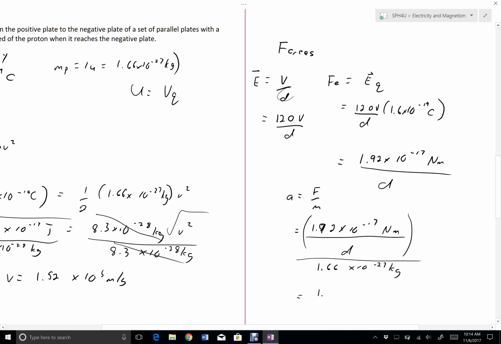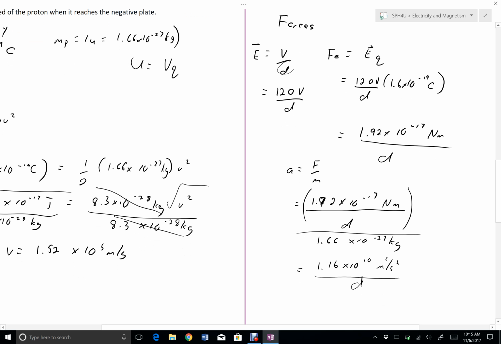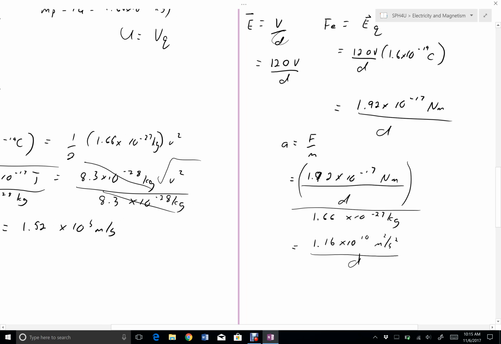So I have an acceleration of 1.16 times 10 to the 10 meters per second squared divided by D, and actually that divided by D means that meters would actually be meters squared per second squared.